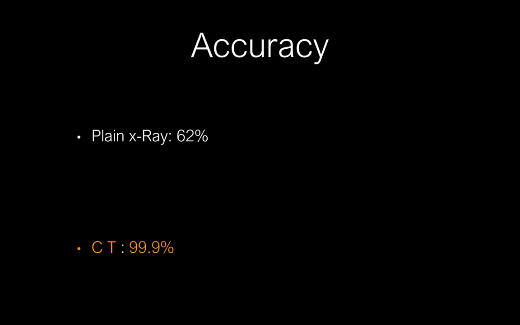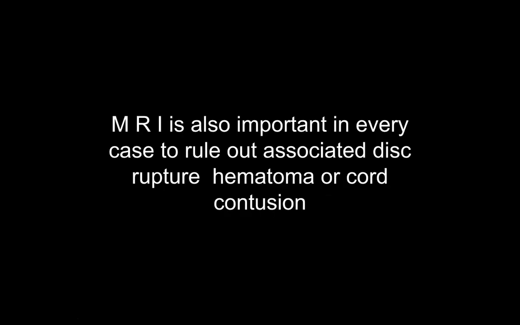The accuracy of ruling out injury in the cervical spine by a plain X-ray is 62%, but with the CT it is 99.9%, which means that the CT is the most accurate investigation, and if the CT is normal, remove the collar. So when the cervical plain X-ray is normal, don't take out the collar, wait until doing the CT to judge.